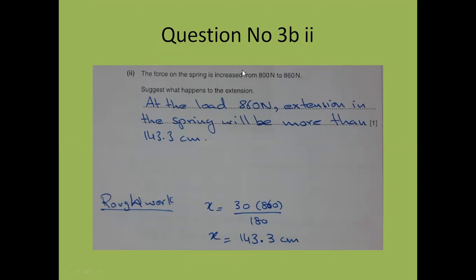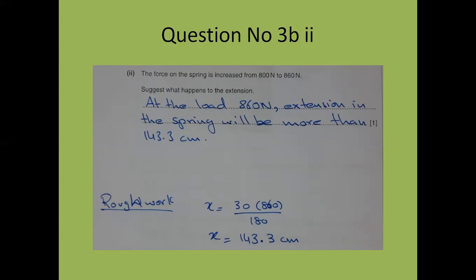But we know that the limit of proportionality was 800 Newton and we have crossed it. So now, because the limit of proportionality has been crossed, the extension produced will not be 143.3, but more than this. So at the load 860 Newton, extension in the spring will be more than 143.3 centimeter. Why did I do this rough work? To show you where I am getting this number 143.3 centimeter from.